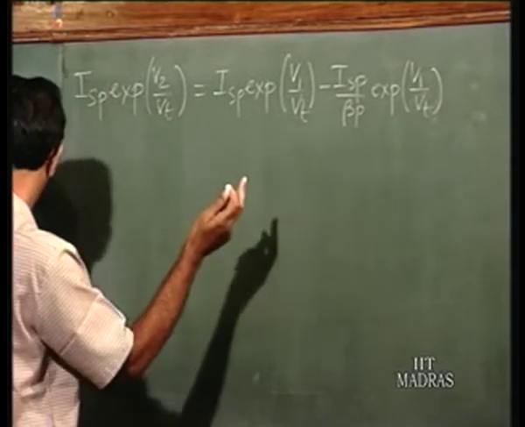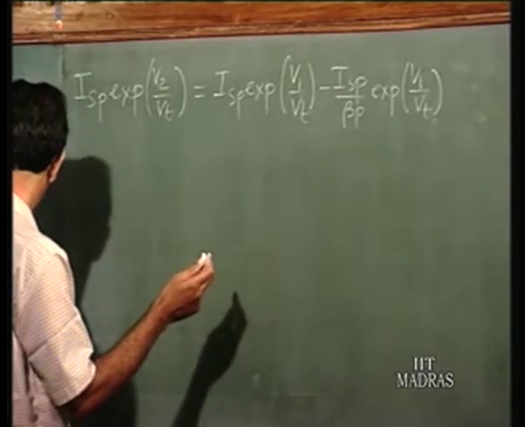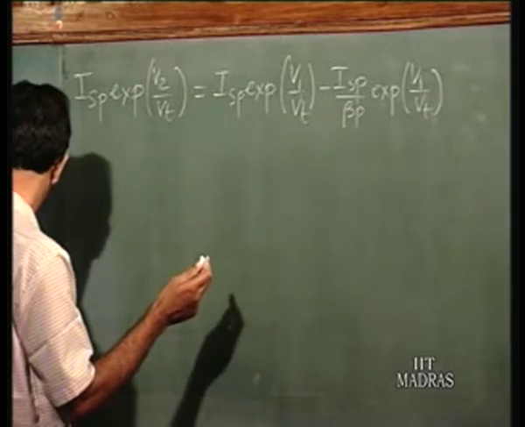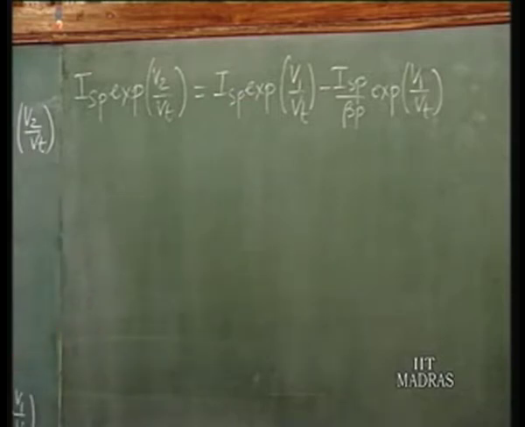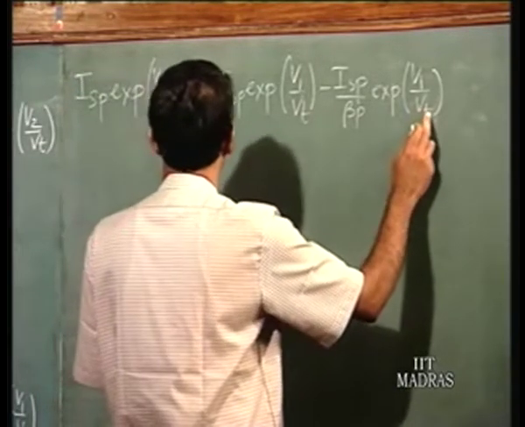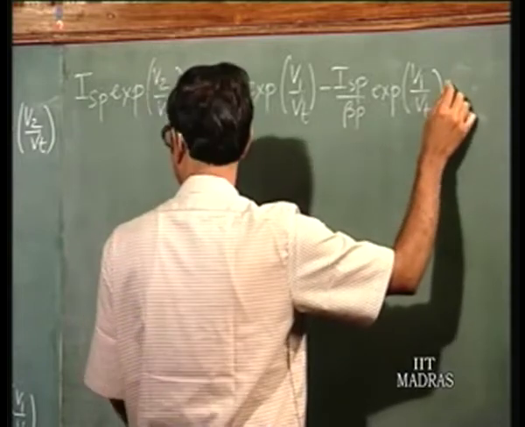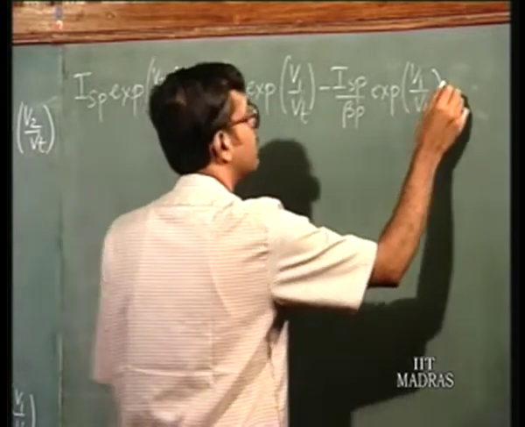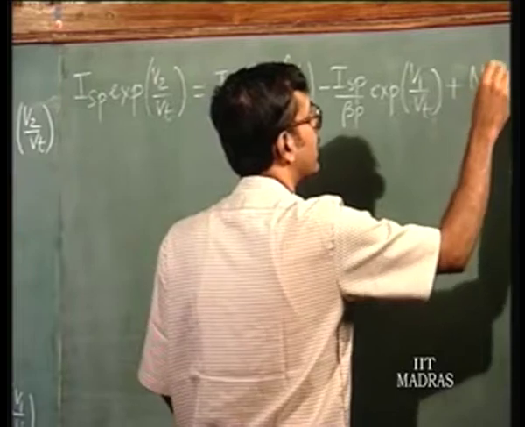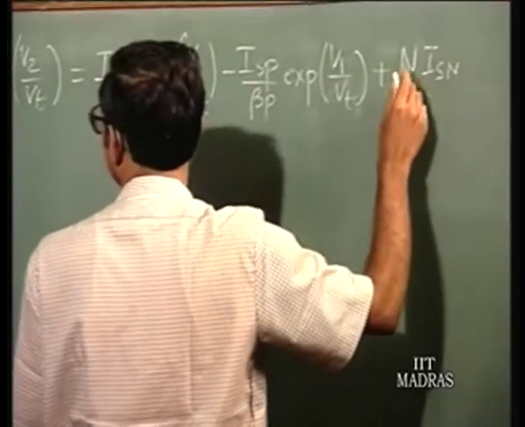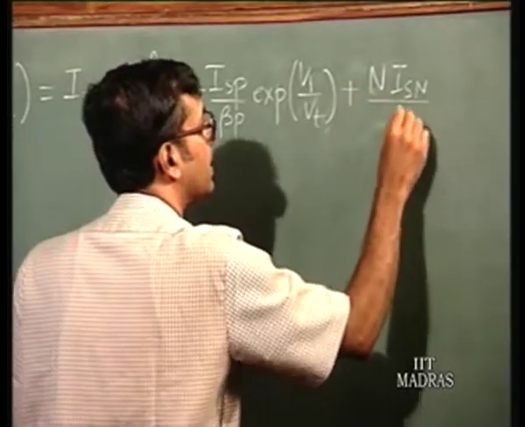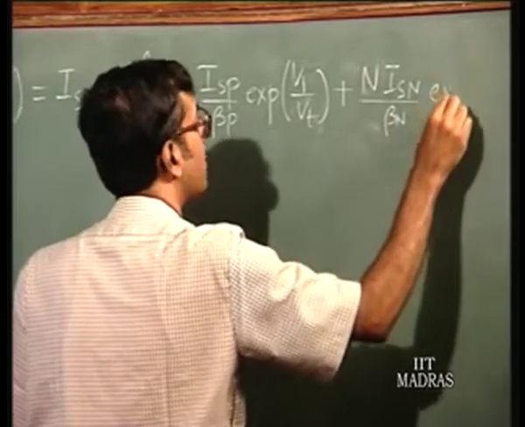So this is equal to this thing, and this is going to be equal to plus, is it correct signs? Beta n exponential.